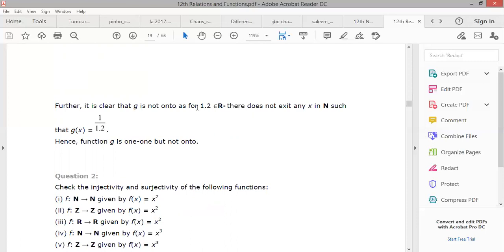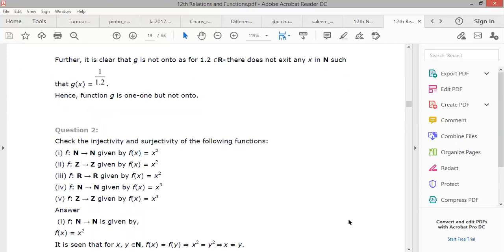So let's take 1 by 1.2, a fractional point in the set of non-zero real numbers, and check whether there exists any x such that g of x is equal to 1 divided by 1.2. There does not exist any natural number of the form 1 divided by 1.2. Hence, it is not onto. So on changing the domain of the above function, it does not remain onto.